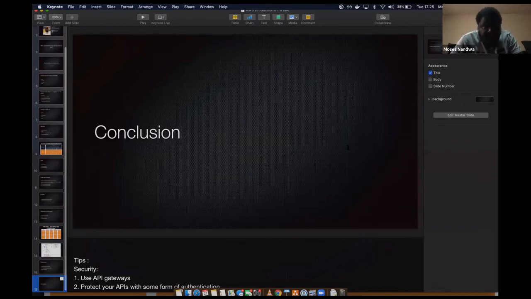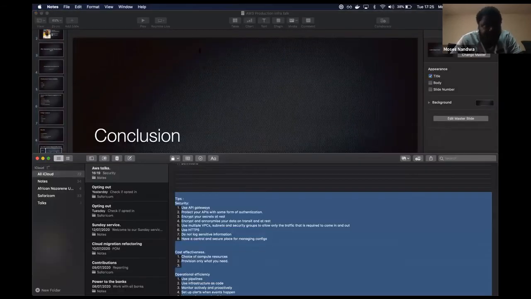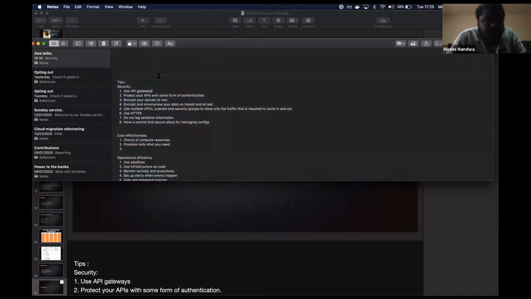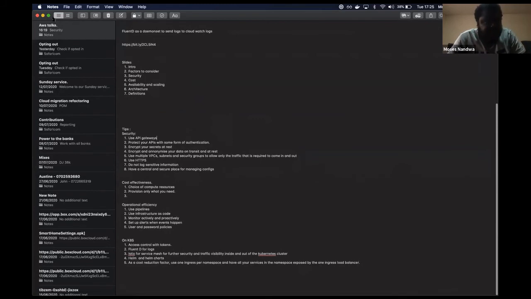So here are several tips that you can use to enhance your setup. So point number 1 on security is, use API gateways. API gateways come in handy. Actually, let me see whether I can get it over here in my notes. I don't know whether this is visible to anyone.